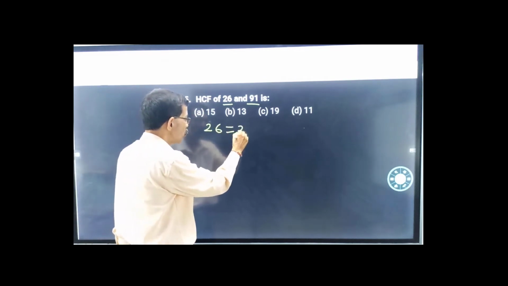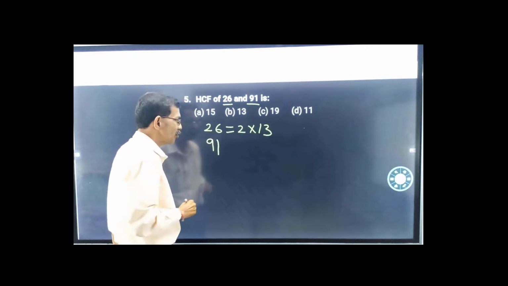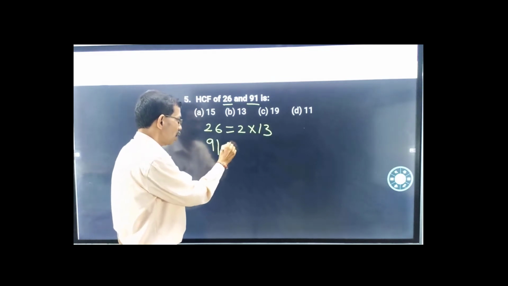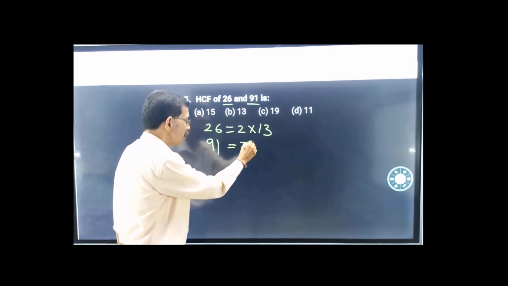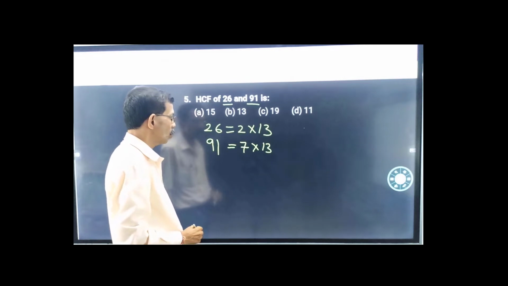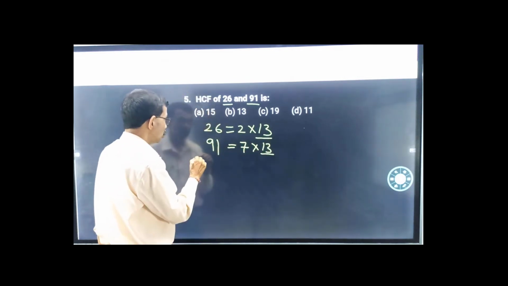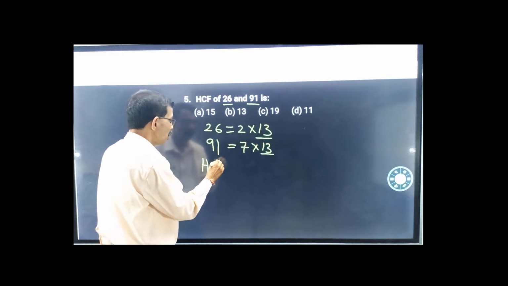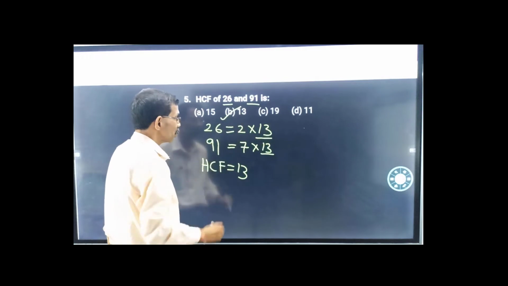This will be equal to 2 into 13, and then 91 again will be 7 multiplied by 13. So you see here the common factor is 13. So the HCF is the common number 13. So here B is the option.